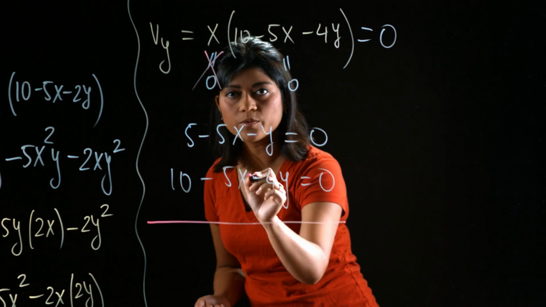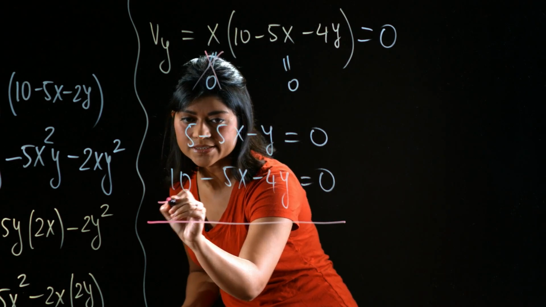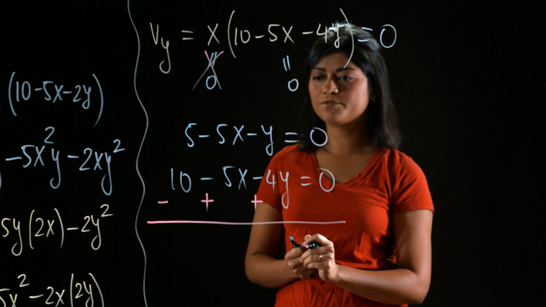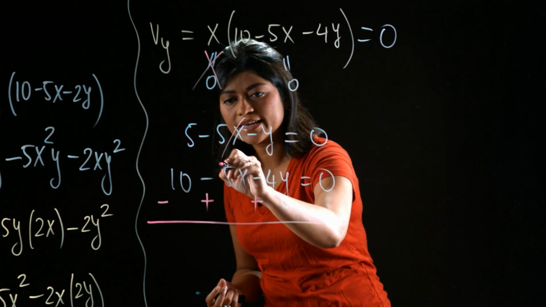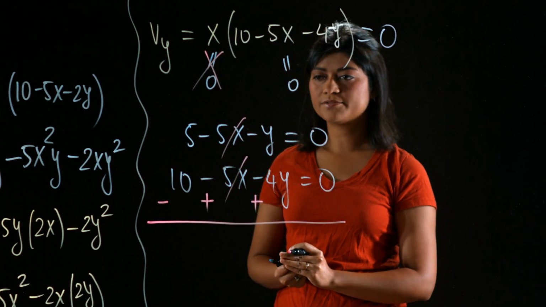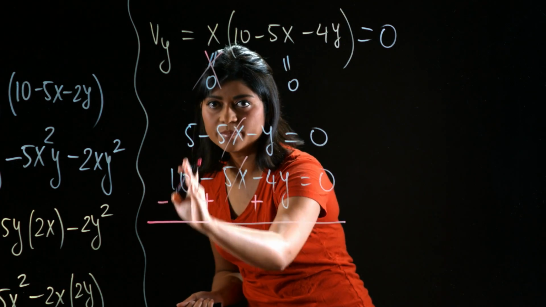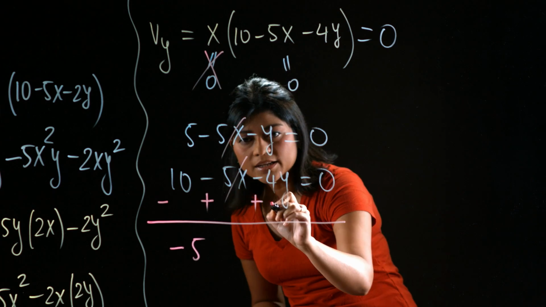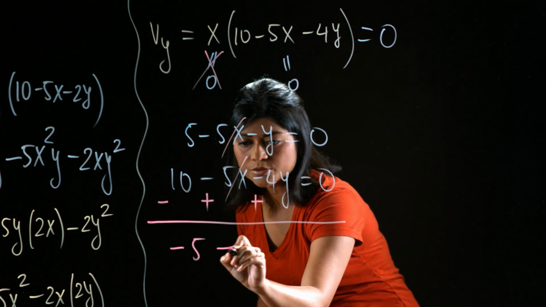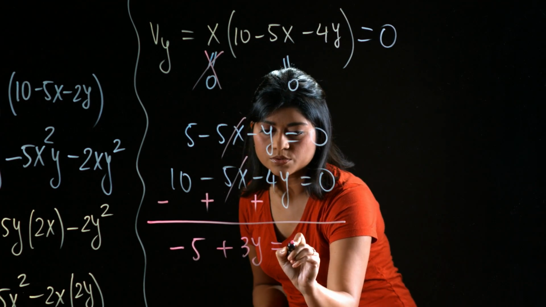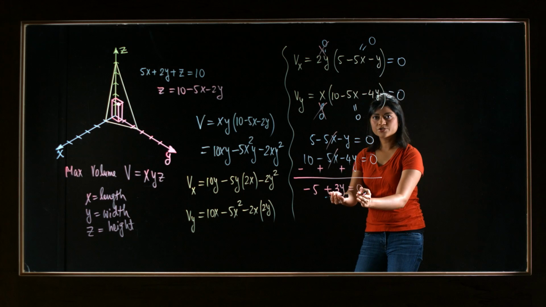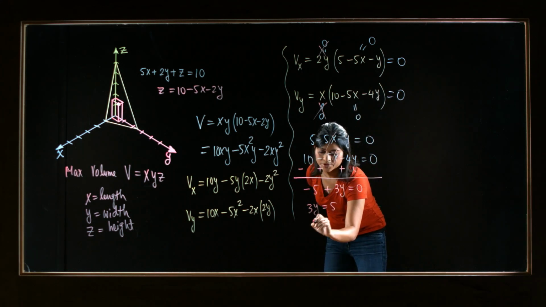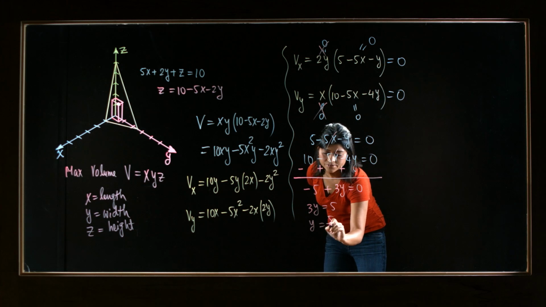I'm subtracting the bottom one from the top. The 5x cancels out, and we are left with 5 minus 10, so negative 5, and then plus 4y minus y, so plus 3y is equal to 0. You can solve for y right away: 3y is equal to 5, so y is 5 over 3.